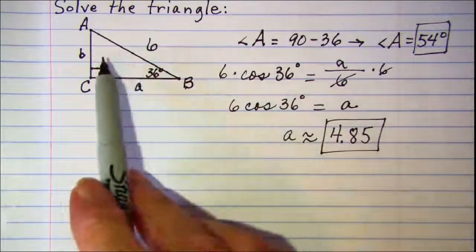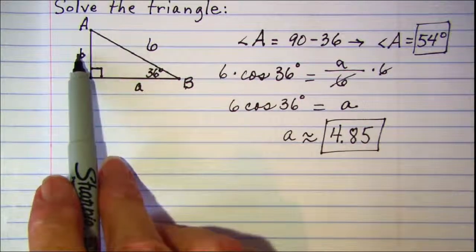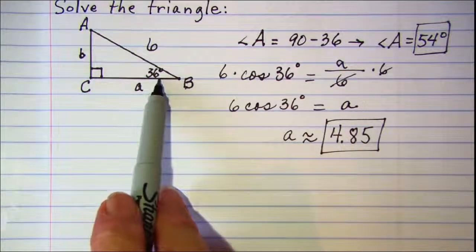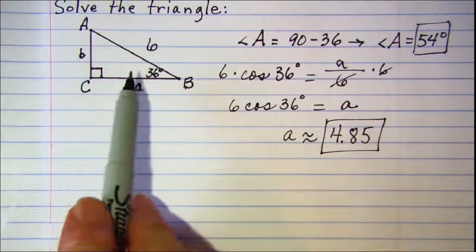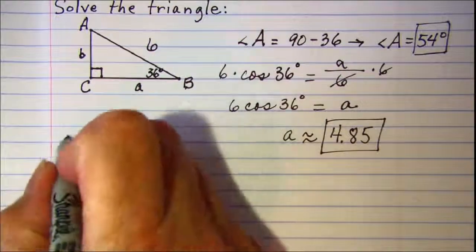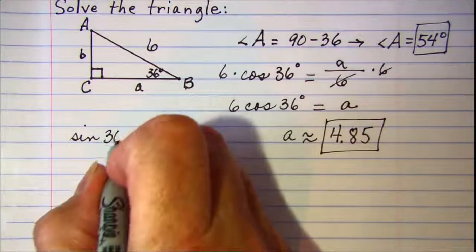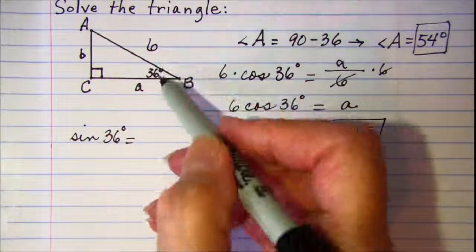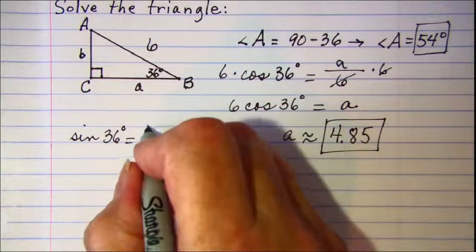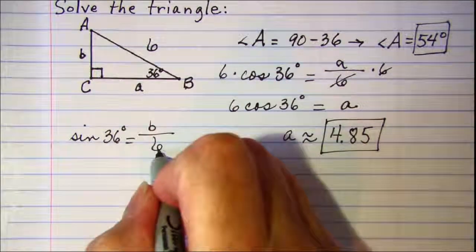Now for B, the side labeled B is across from the 36-degree angle. So we'll use the sine. We'll say that the sine of the 36-degree angle is equal to the side opposite, which is B, divided by the hypotenuse, which is 6.